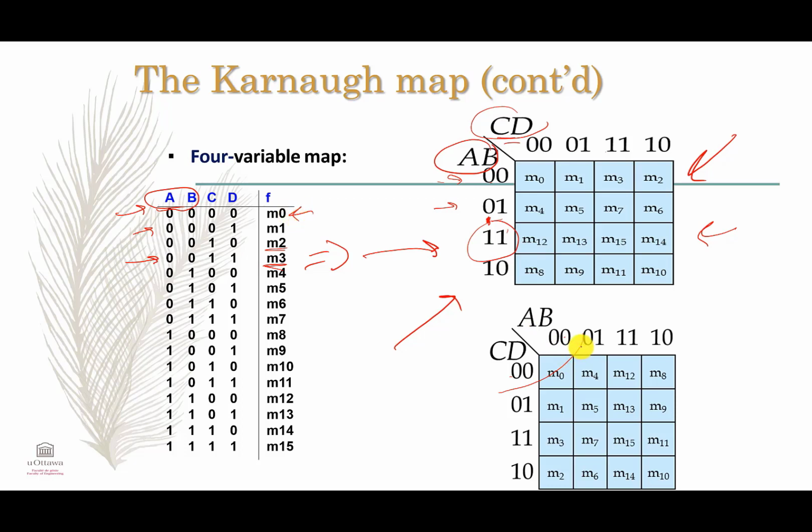Now here it's going to be 0 1 0 0, that's M4, so that's why I put M4. Here it will be 1 1 0 0, that is M12, guys. That's why I told you I prefer the first format.